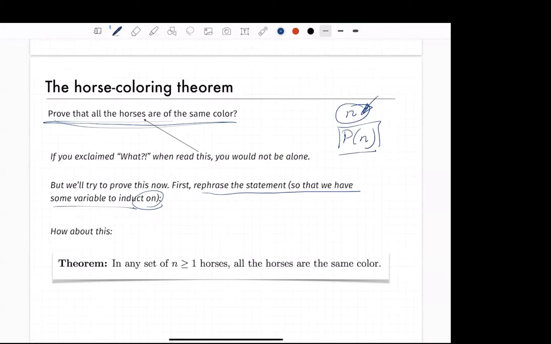So I'm going to rephrase this sentence, all the horses are the same color, into a theorem that says that for any set of n horses, where n can be 1 horse, 2 horses, 7 horses, 57 horses, 19 million horses, all the horses are of the same color.